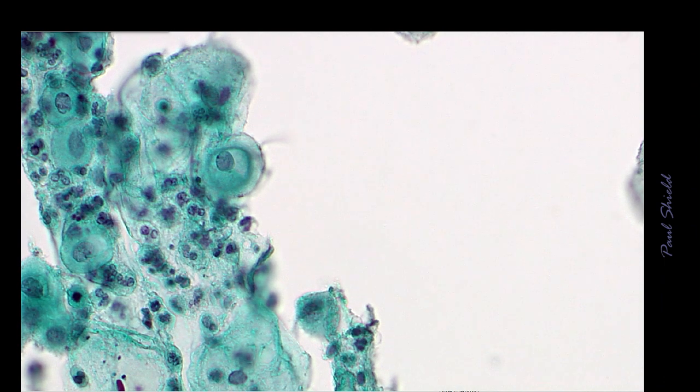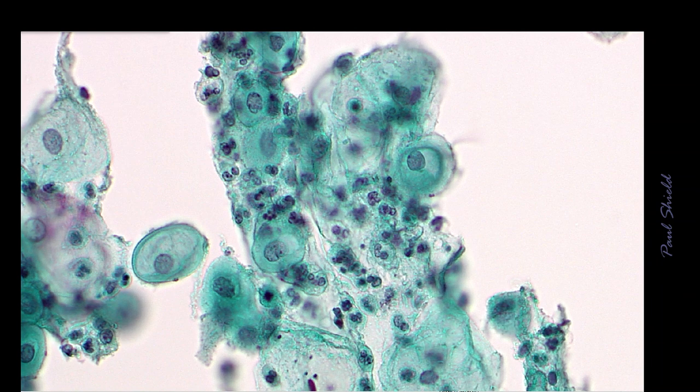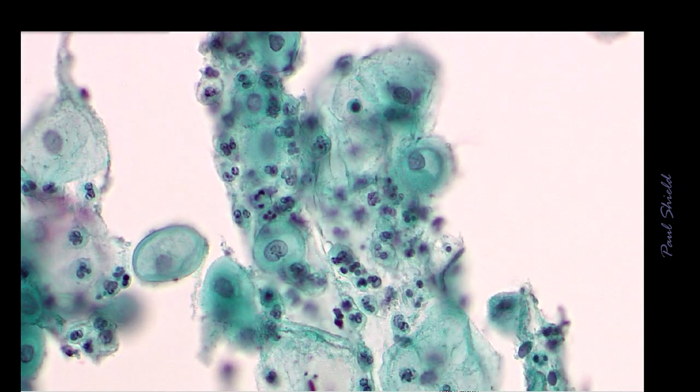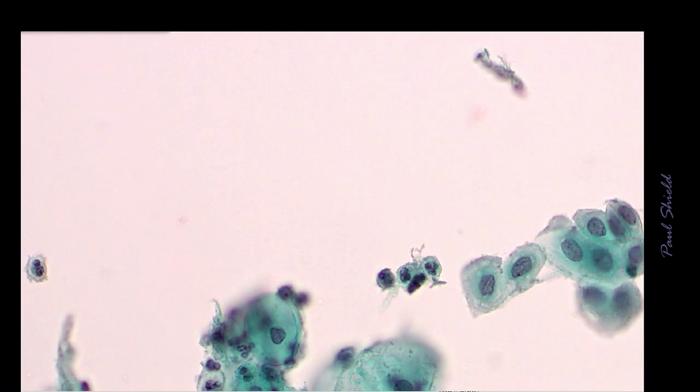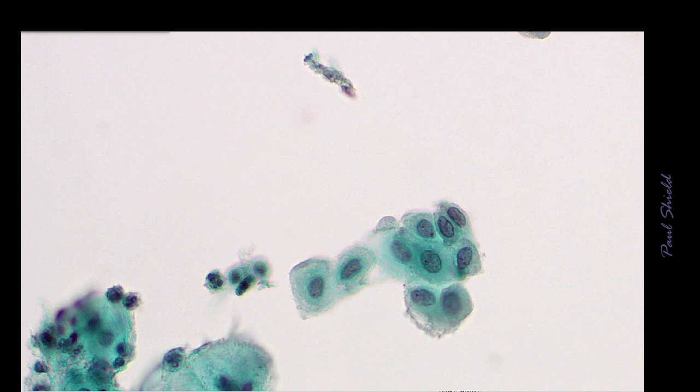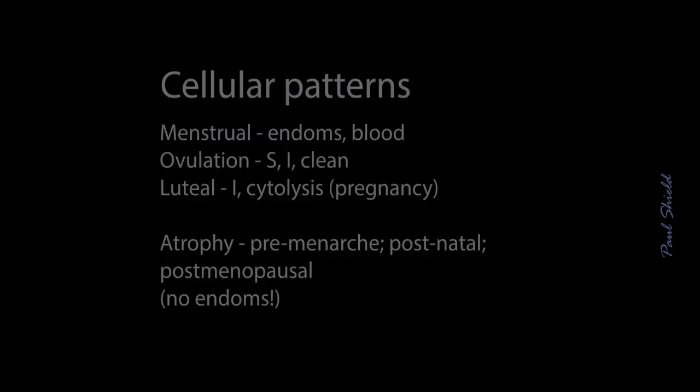Quite a bit of debris and neutrophils here, notice. That's often the case. Without that maturation to an intermediate layer with the accompanying acid pH created by the lactobacilli, much more prone to infection, and atrophic vaginitis is a common pattern.